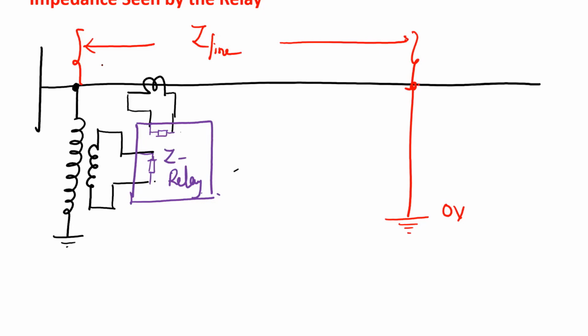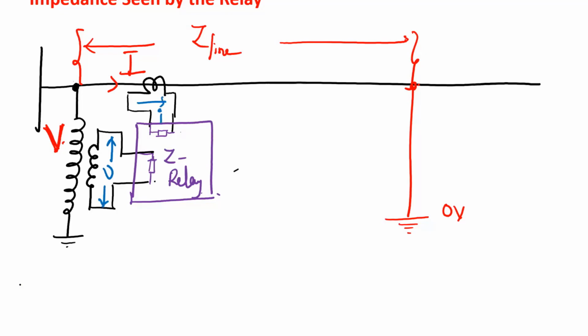So what will the relay sense? The relay will sense the ratio of voltage at this point. Suppose capital V is the voltage at this point, capital I is the current flowing here, and the PT voltage is small v, and the CT current is say small i.